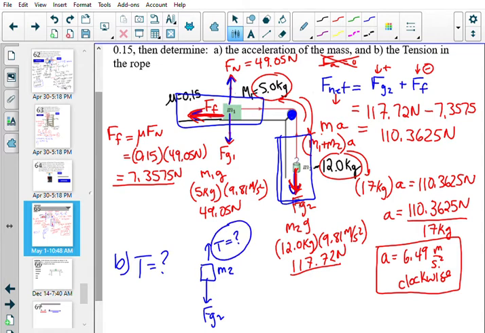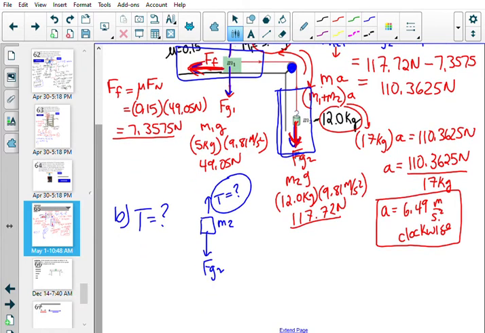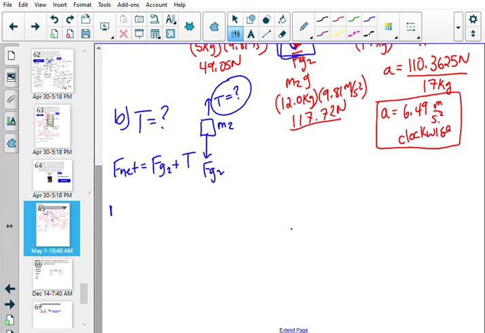So we write a new F-net formula, and remember we can't use the F-net from before. The reason we can't is because that F-net was for both masses, and when you're doing tension, you're doing only one mass. So we rewrite our formula. F-net is Fg2 and tension. F-net is just one mass, so it's M2 times A. Fg2 is M2 times G, and tension.